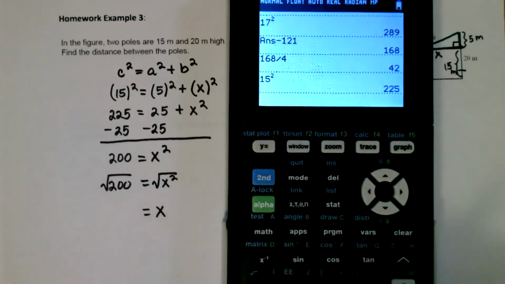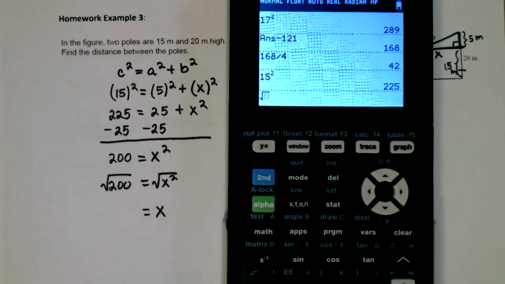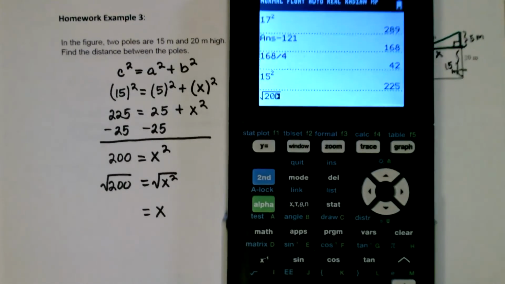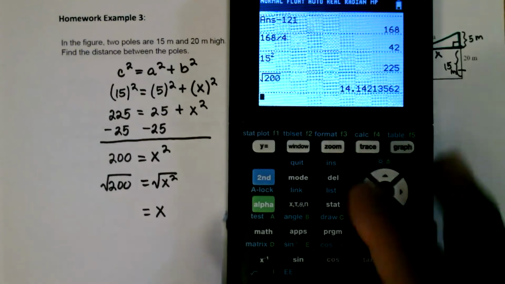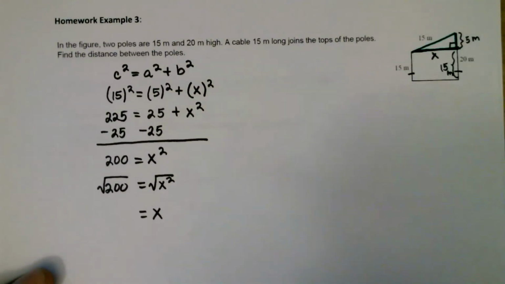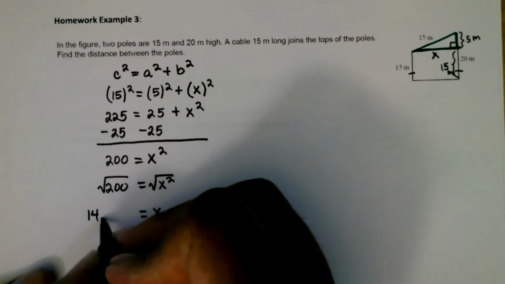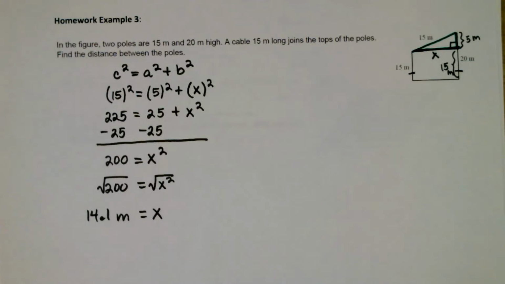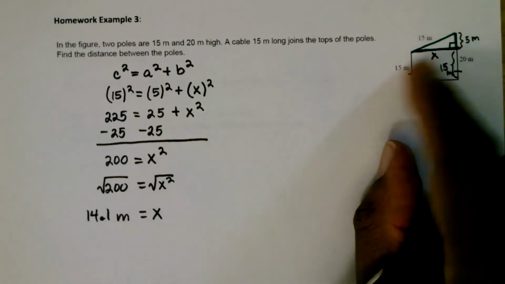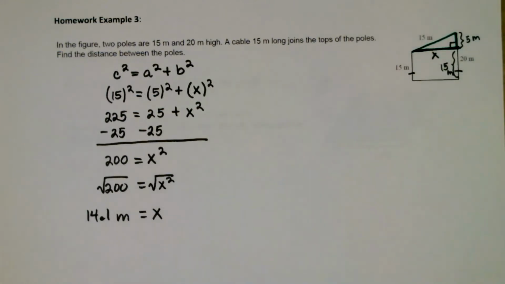If I do on my calculator second x squared for the square root and then 200, hit enter, to 1 decimal place, that would be 14.1. And this will be in meters, since the units we're dealing with in this problem are meters. So to 1 decimal place, the distance between those 2 poles here would be 14.1 meters.